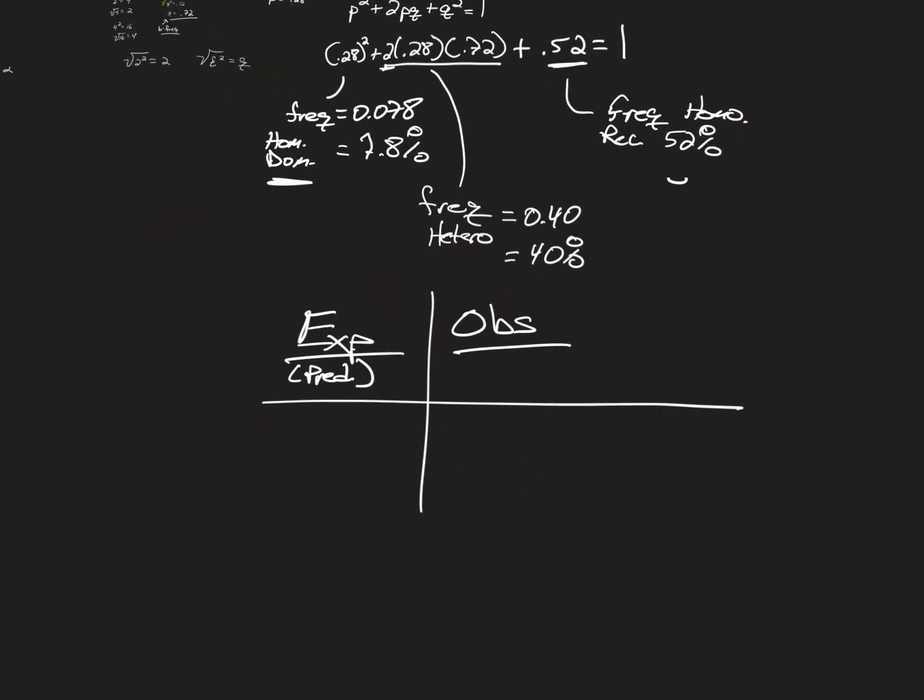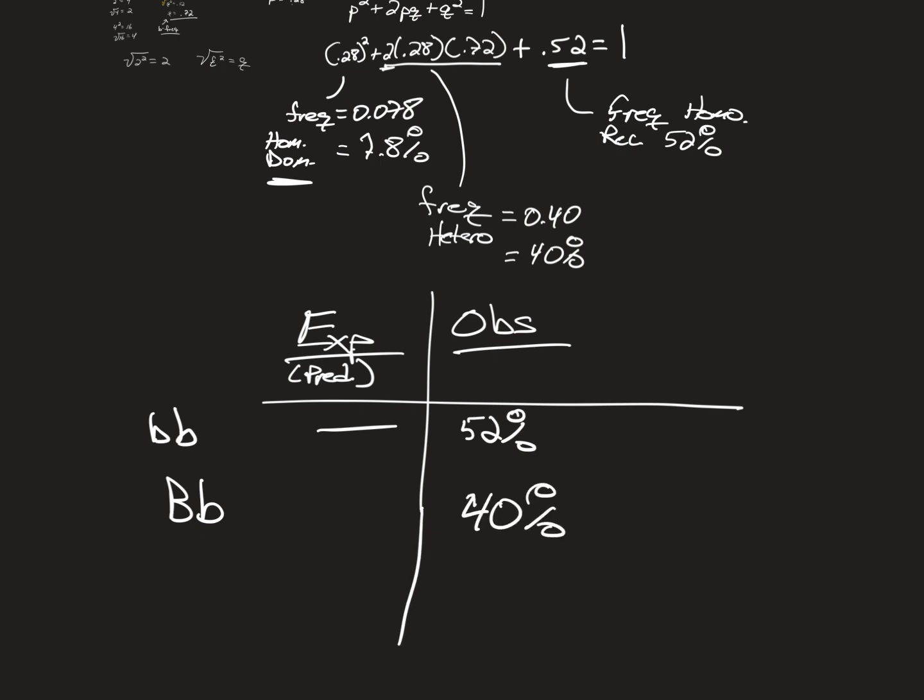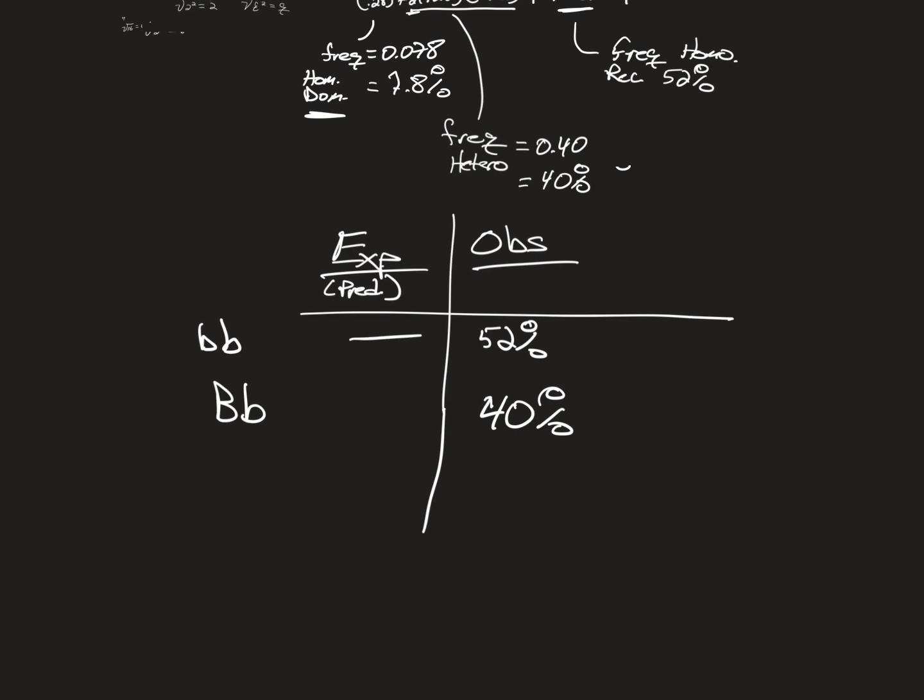And for each of these, we know that we have little b, little b, and we expected 52%. There's no expected there. Big B, little b, we expect to be 40%. I'm sorry, that's wrong.